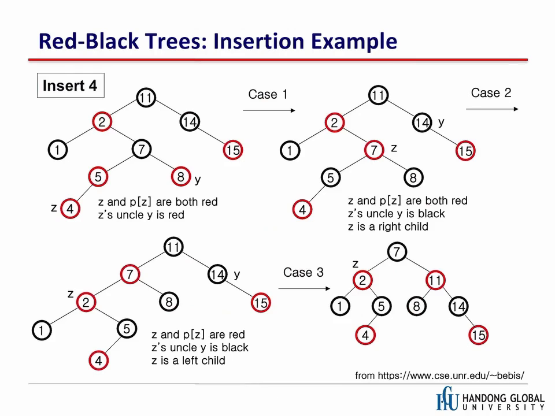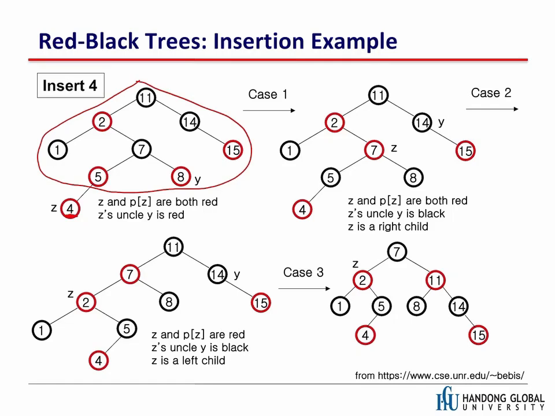Here's an example of insertion into red-black trees. Initially, let's say this is our tree, and now we insert node 4. This one is just inserted. Again, red-black trees are binary search trees.